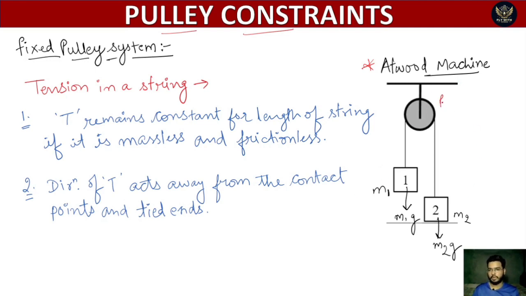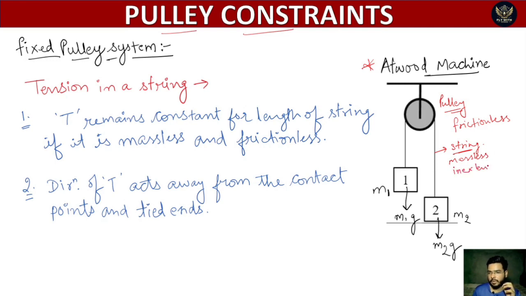This is known as a pulley, and it is frictionless, so the string experiences no friction against this pulley. And this is a string, and the speciality of this string is that it is massless and inextensible.